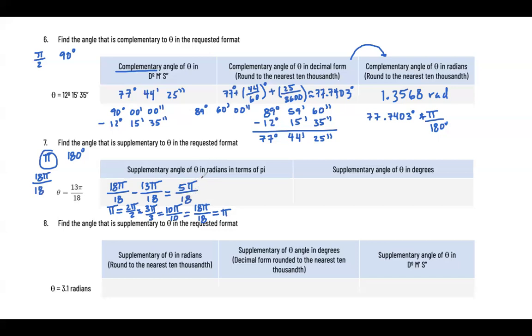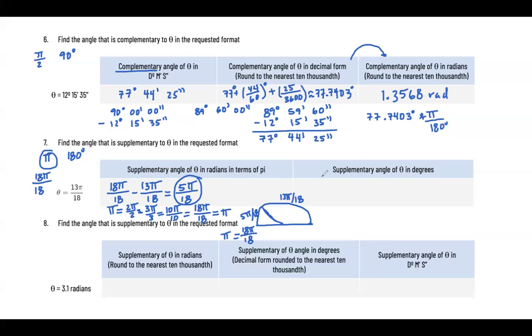So our supplementary angle would be 5 pi over 18. That means that if you sketch both angles, one would cover 13 pi over 18, and the other angle would simply make up for those 5 pi that we are missing in order to reach 18 pi over 18. That needs to reduce every time to pi.